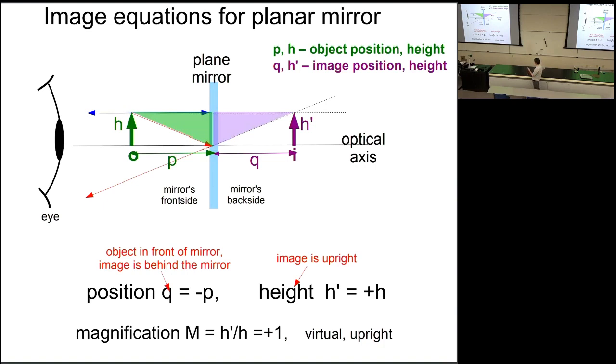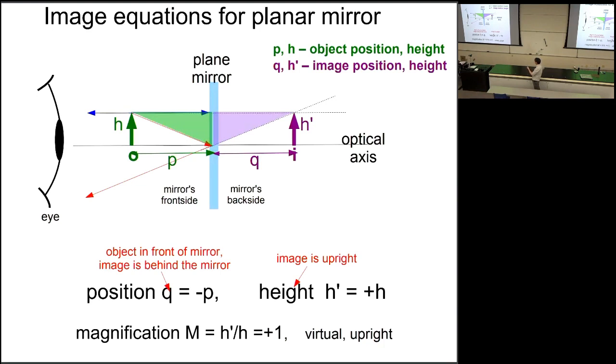That means that the image position is as far behind the mirror as the object position was in front of the mirror. It means that the image height, what I called h prime here, is the same as the object height in front of the mirror.